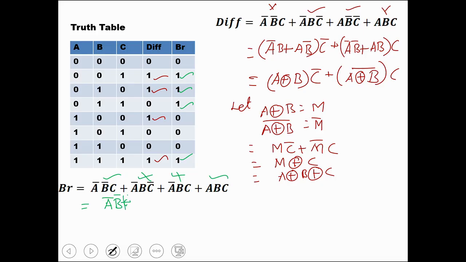So A bar B bar C plus AB into C, plus the next two terms, A bar B is common. So we can take it as C bar plus C. We know that C bar plus C is 1 and this A bar B plus AB bar is equal to A XOR B.